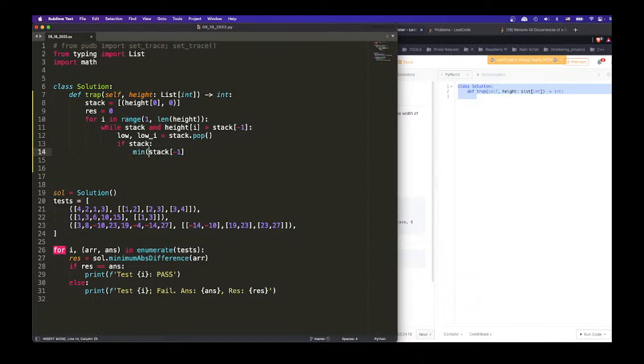So the minimum of stack minus 1 and the current height. Here's a high one, minus low, right? Multiplied by stack minus 1, 0.